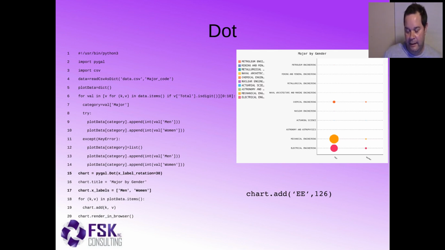I got a quick question about your try except there. Just wondering, what was your reasoning behind setting it up like that? Just to try to make sure that, you notice the plot data dictionary, for any particular category, for that major. Let me try that again.